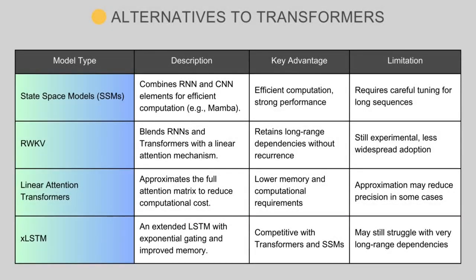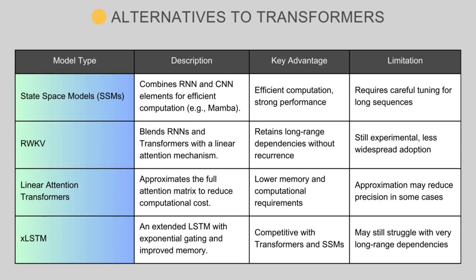Now, there are various alternatives to transformers as well. There are state space models, such as architectures like Mamba, which use SSMs combining elements of RNNs and CNNs. There is RWKV, a model that blends RNNs and transformers.